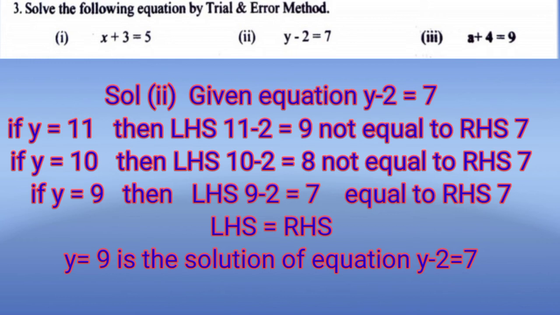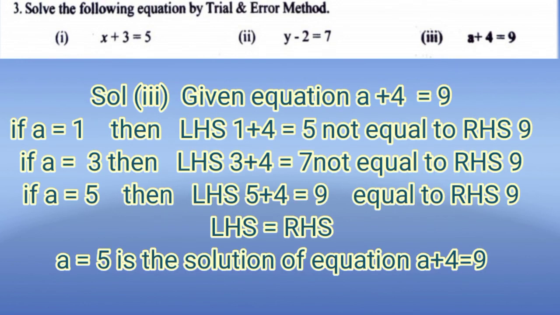If y equal to 9, then LHS 9 minus 2 equal to 7, which is equal to RHS 7. That implies LHS equal to RHS. Therefore, y equal to 9 is the solution of the equation y minus 2 equal to 7.